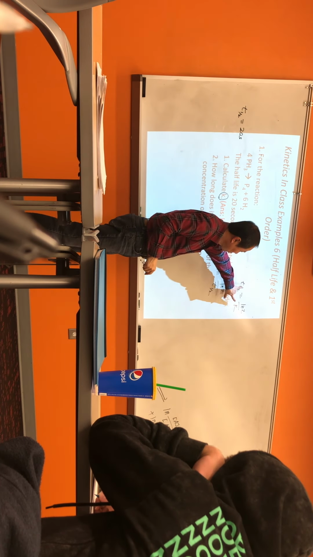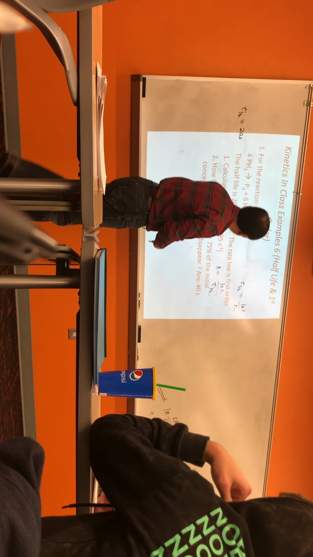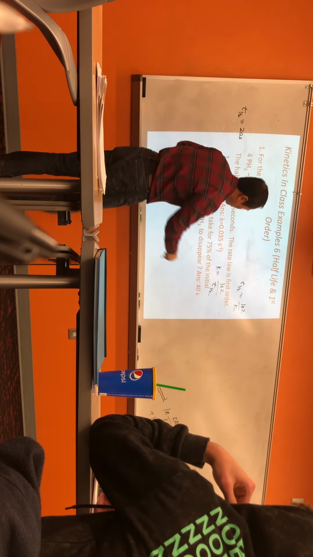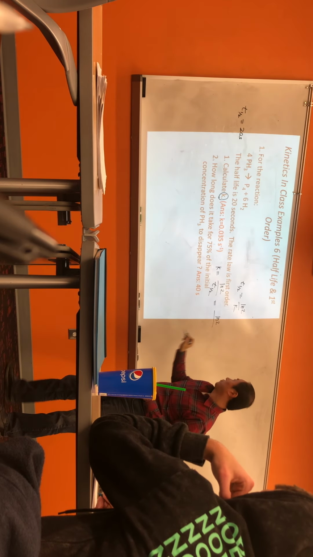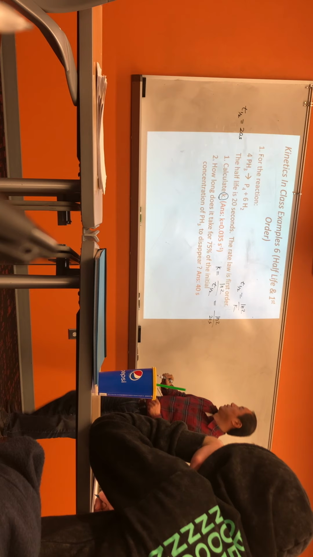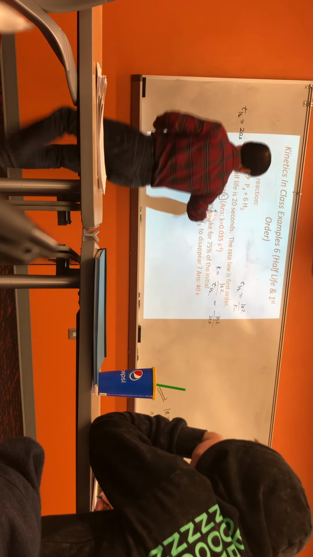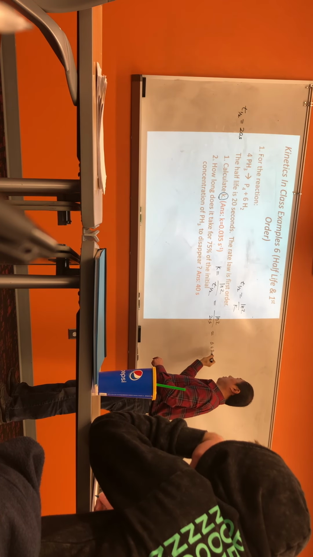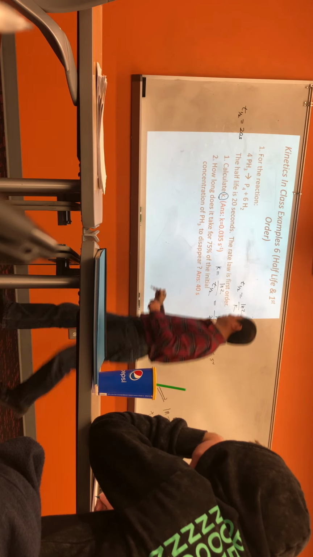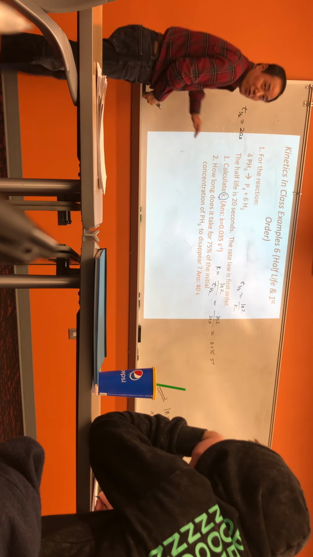If you have a fraction, you can switch those two variables. So k is ln 2 over half-life. Half-life is 20 seconds. If you do the math, you will get 0.035 per second. Why don't you try number 2?